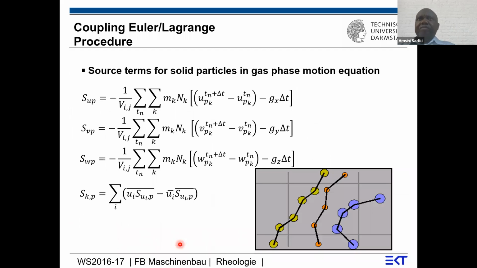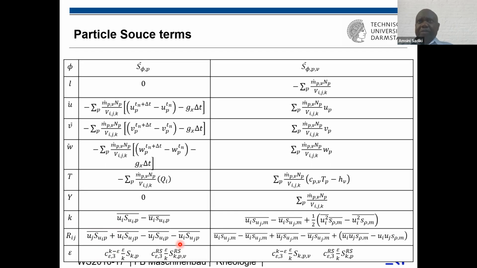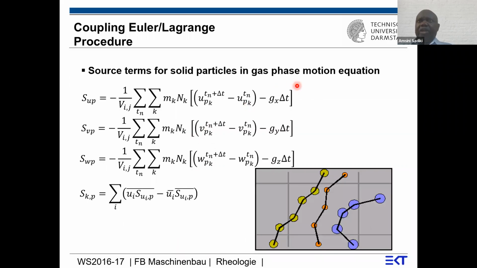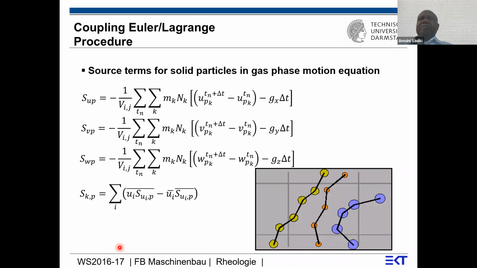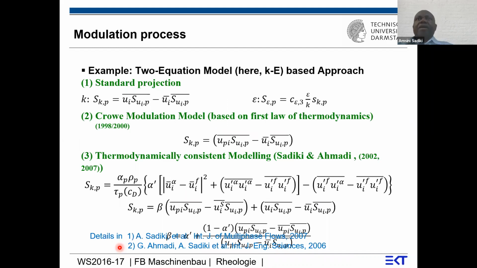So having this, we put everything now together. So this y and z is not here, but I put it in the correct way in this expression. And for k and for epsilon, it is clear we have to multiply by this factor. Then we have the standard projection.